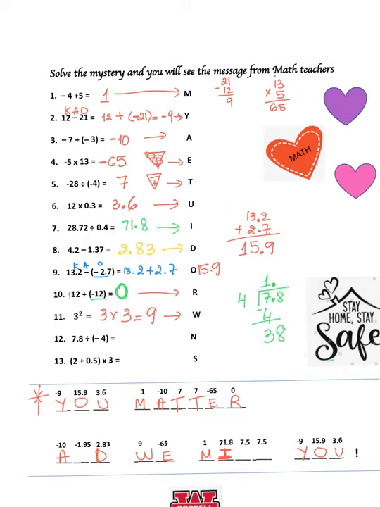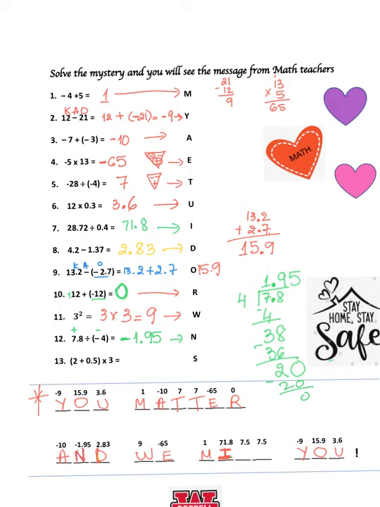I got 9, because 9 times 4 is 36. 38 minus 36 is 2. I borrow 0. 20 divided by 4, 5 times. 5 times 4, 20. So 1.95. But remember, Dorito Man says a positive divided by a negative, your answer is negative. So negative 1.95. We have letter N.